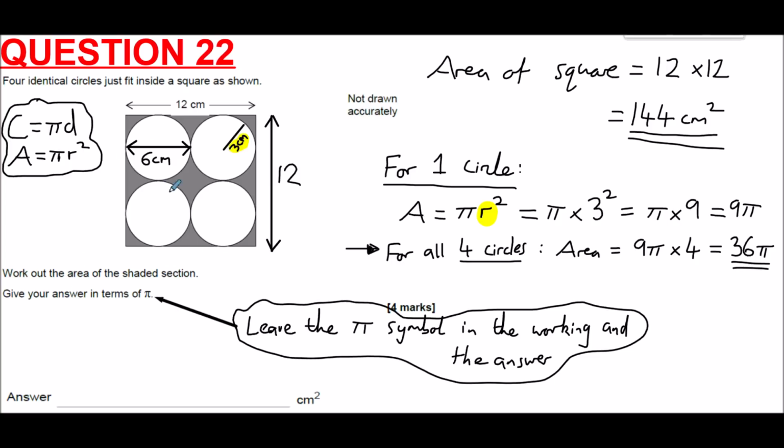The area of the shaded region is just going to be the area of the square with these circles cut away. So it's the area of the square minus the area of those 4 circles.